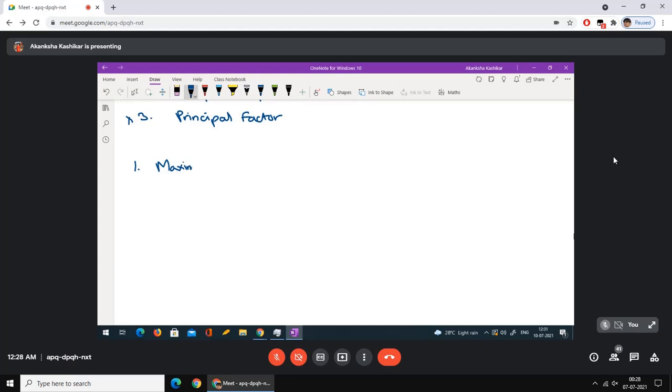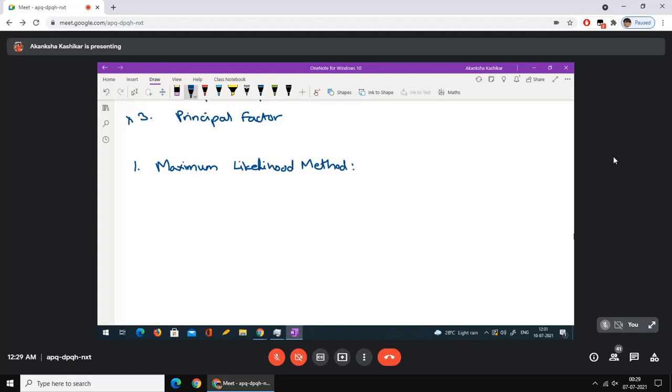So I will just give a very quick introduction to estimation of loadings by the maximum likelihood method, and then we'll go to the principal component method, because we have already studied PCA.